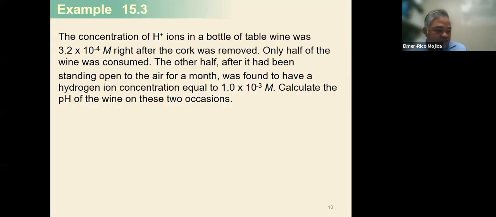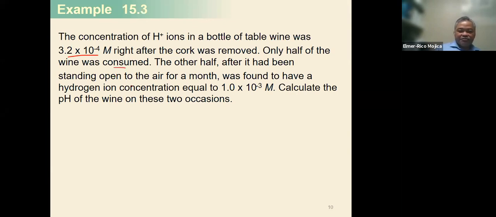So let's try to solve some problems here, using the relationship that we have so far. You're given here the H plus concentration is 3.2 times 10 to the negative 4, after the cork was removed and only half of the wine was consumed.